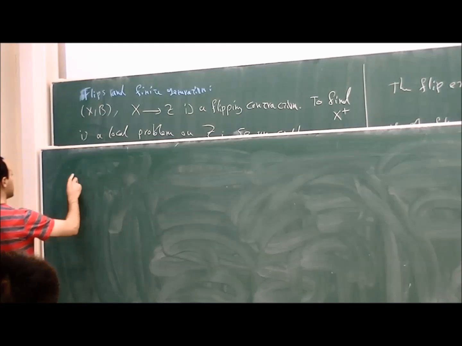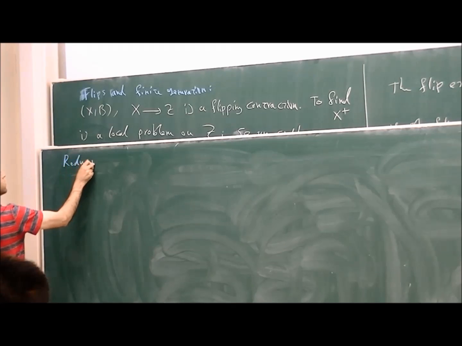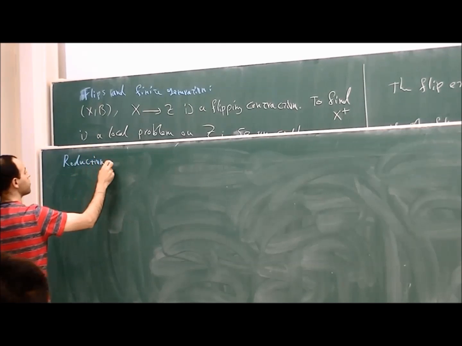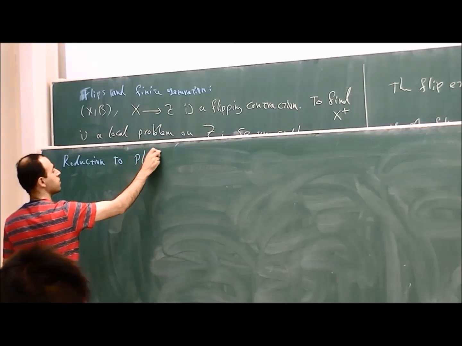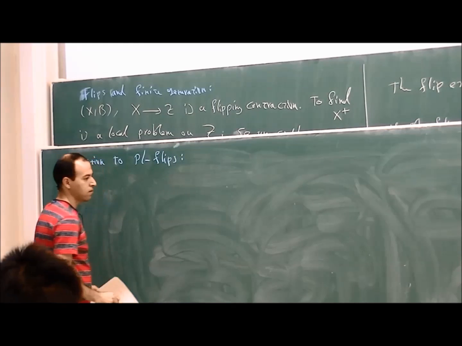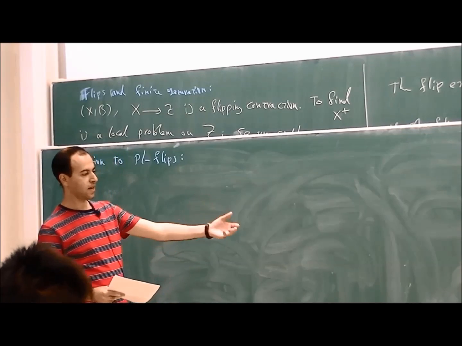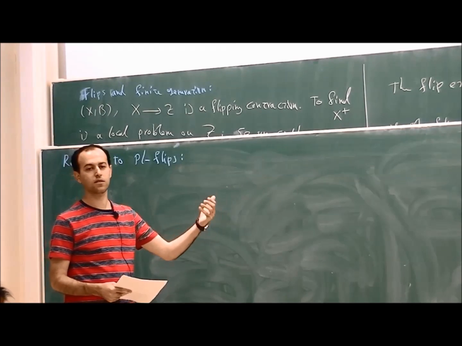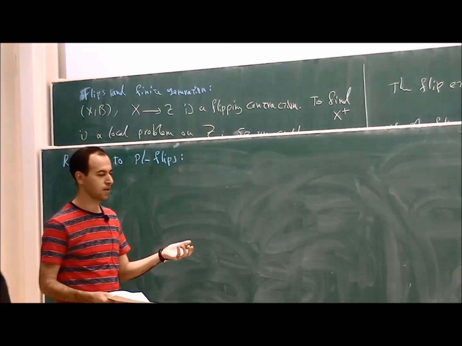There is a really fundamental idea of Shokurov: we can reduce to a special kind of flip, and we call them PL flips. If you are on a random kind of X and you have this flipping contraction, there doesn't seem to be any way to show that this ring is finitely generated.